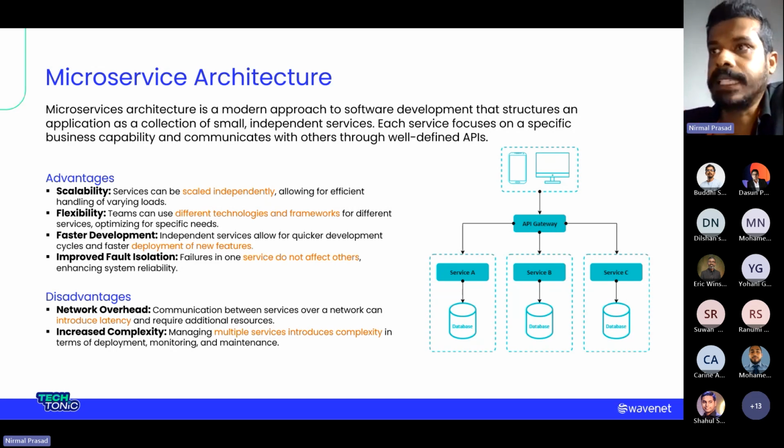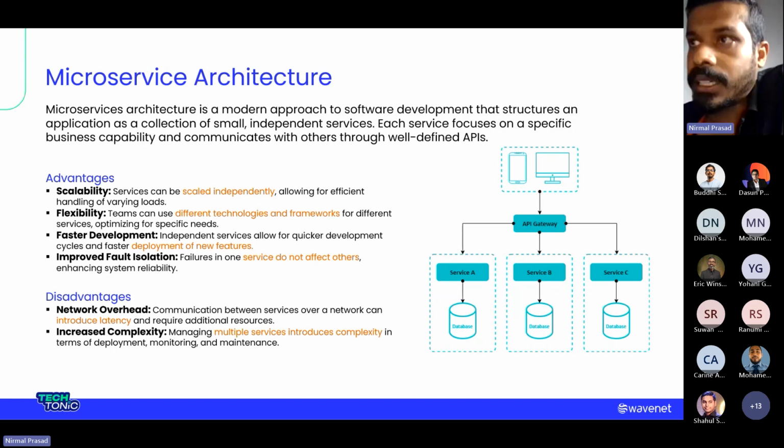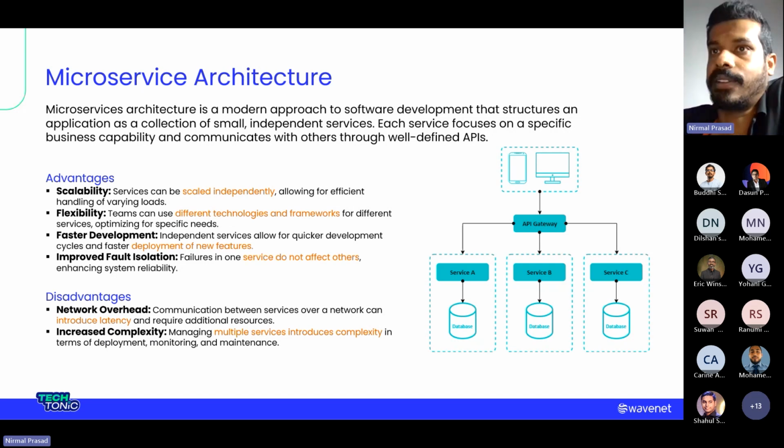Another one is complexity, because these microservices are very small independent services, and we need to manage each and every one of them. Otherwise it becomes very complicated, because most of the time those microservices run in containerized environments.